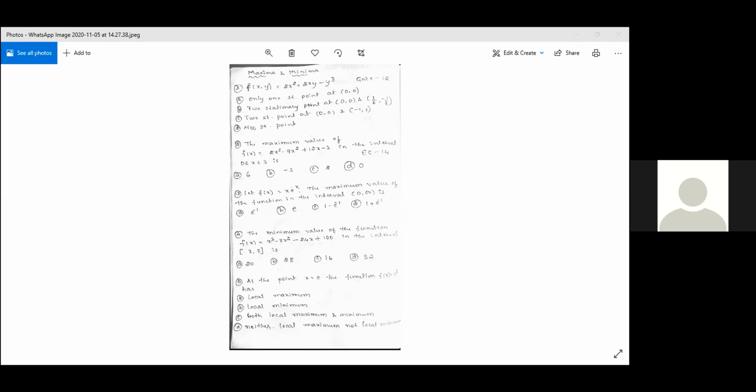Because you know the method, stationary points are nothing but roots of the first order derivative. By seeing the options, you will come to know 0, 0 will anyway be one of the stationary points. You only have to check whether it has two stationary points or only one point. If it has two, then you have to find the second stationary point also.